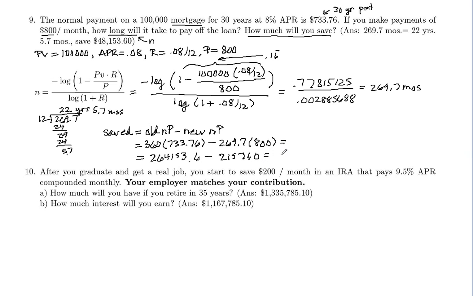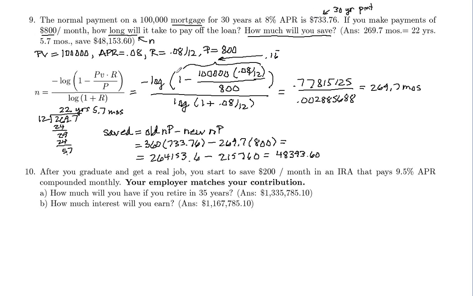And subtract 48,393.60. Okay, so that's the amount saved. So you saved almost $50,000. Good deal. And that was one of our practical financial advice too, was pay an extra $100 a month on your mortgage. This isn't even quite an extra $100, and you're saving a lot of money there.